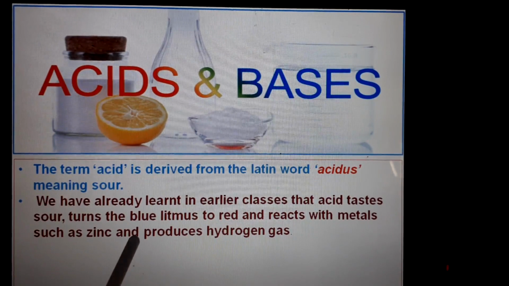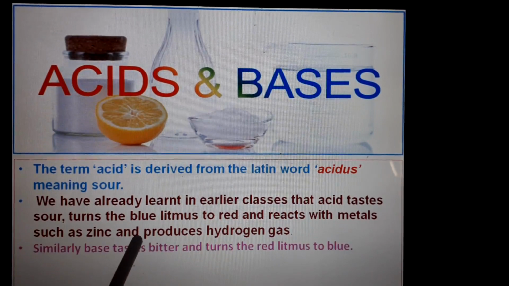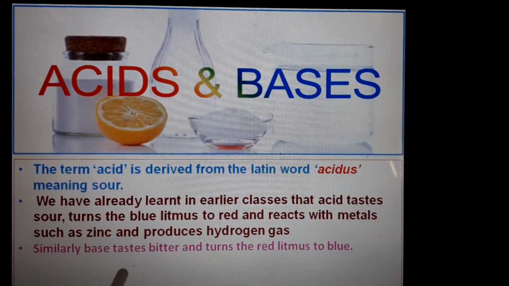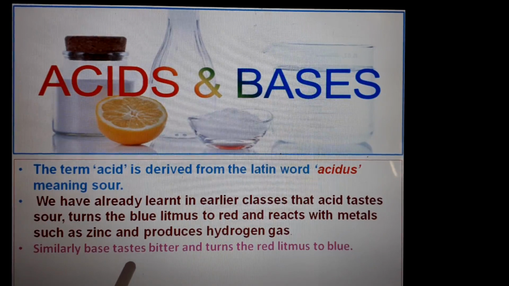Next, similarly, base tastes bitter and turns red litmus to blue. We saw this in the lower classes. Bitter taste and then turns red litmus to blue.